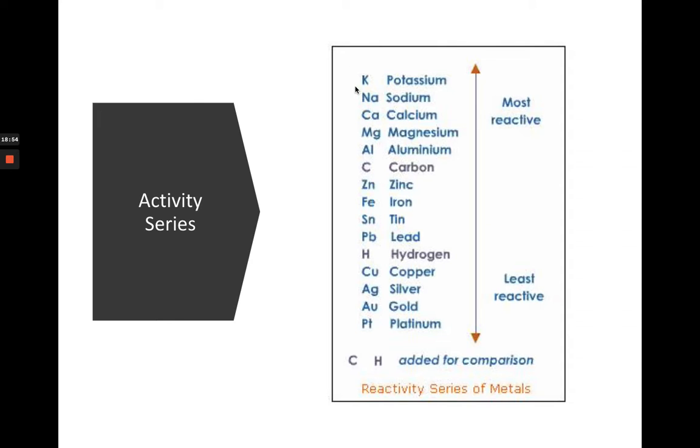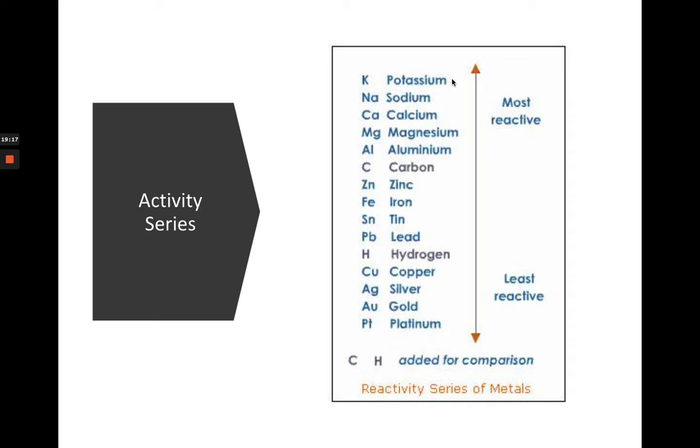Everybody wants to be in the compound because in that regard, they will be an ion that looks like a noble gas. So potassium can replace sodium, potassium can replace calcium, potassium can replace magnesium in a compound, but it will not happen in reverse. Magnesium cannot replace potassium, calcium cannot replace potassium.